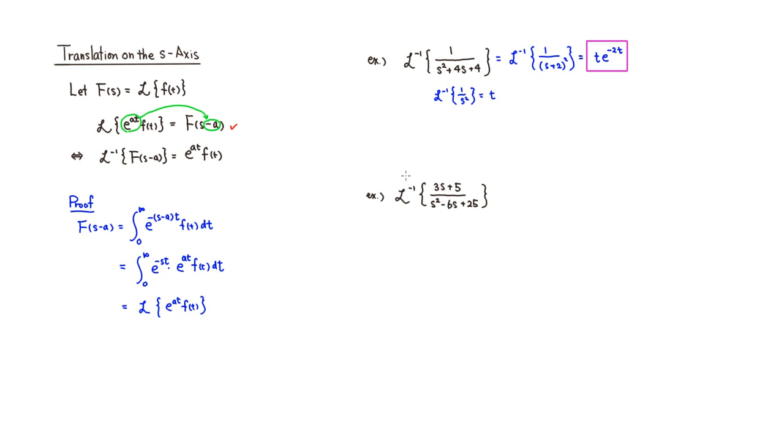Inverse Laplace transform of 3s plus 5 over s squared minus 6s plus 25. I'm going to complete the square again. If we complete the square, we have s squared minus 6s, so if we have 9 here, I can write s minus 3 quantity squared.